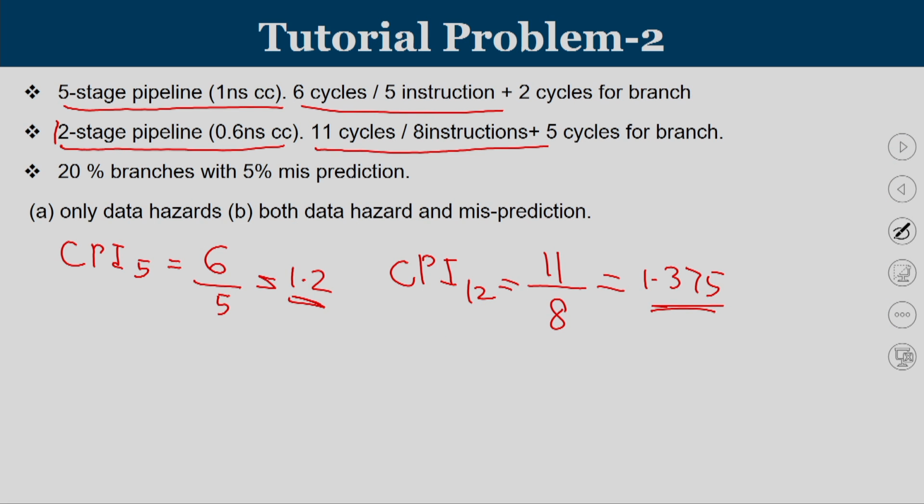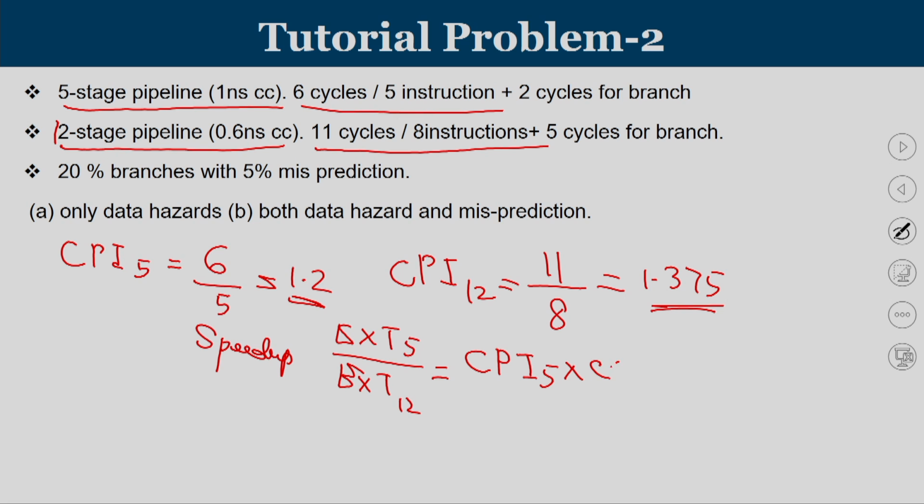Speed up is defined as execution time of the 5-stage pipeline divided by execution time of the 12-stage pipeline, that is CPI of the 5-stage pipeline into clock cycle time divided by CPI of the 12-stage pipeline into its clock cycle time.